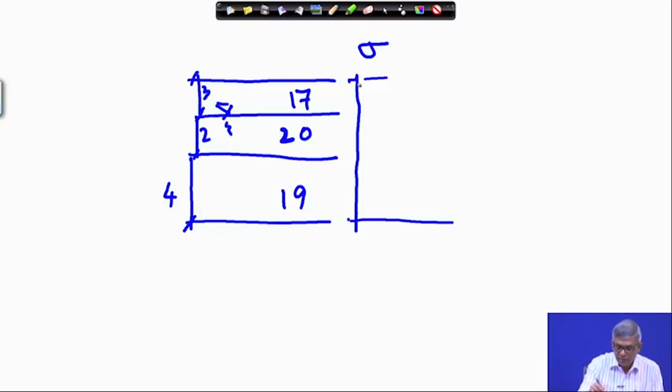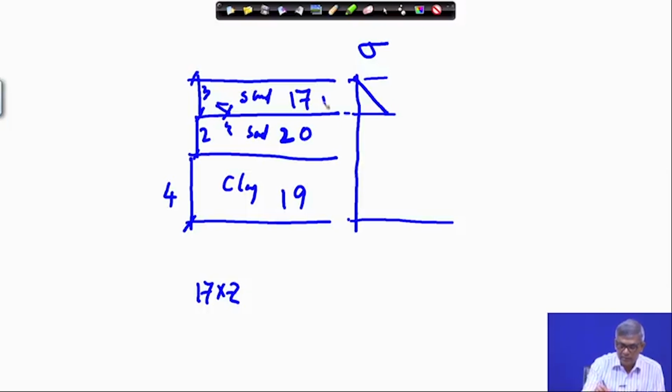Up to this it is sand, this is also sand, and this is clay. At the surface it will be 0, no depth of soil, so no weight: 0 into 0, so 0. It will be increasing with depth, 17 into z. So at this level, 3 into 17 it will be 51, and at this level that much pressure is already there.